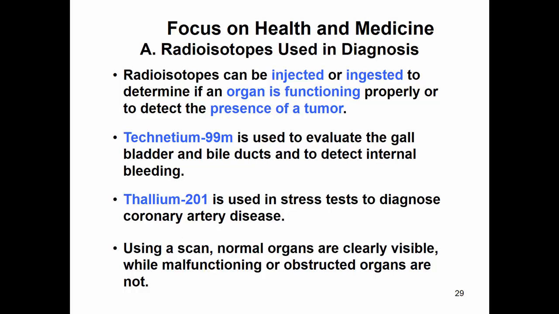These are used to scan normal organs. If your organs are functioning normally and everything is healthy, then you see clear, visible organs. If you have a tumor or something, it's not going to take up these isotopes, and so you would see these holes, not clear, bright spots, on a scan.